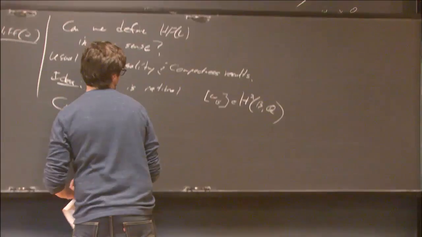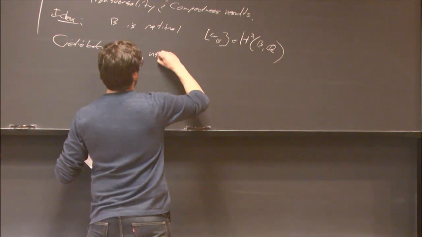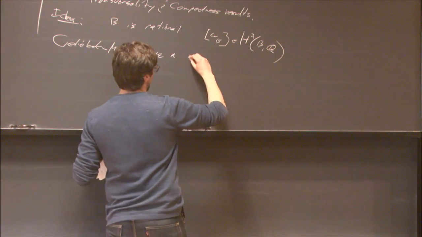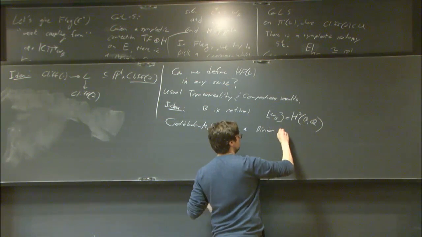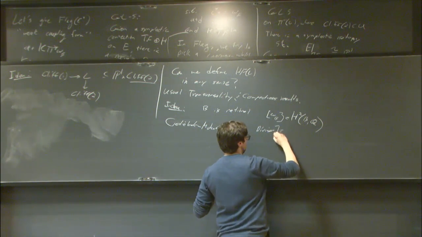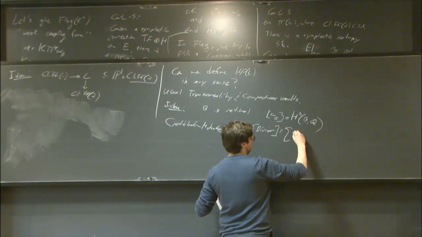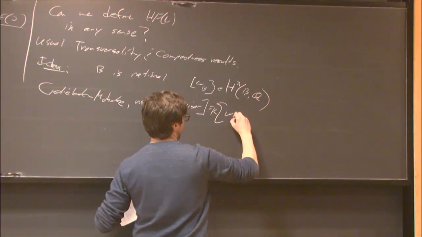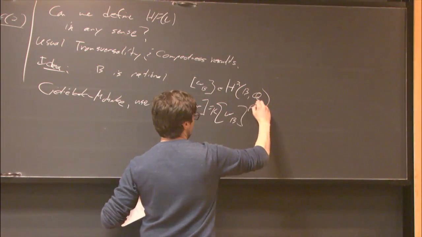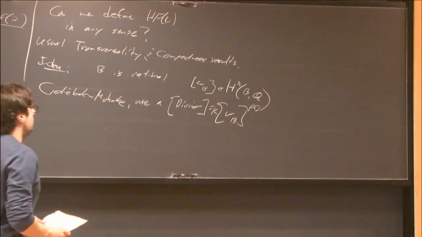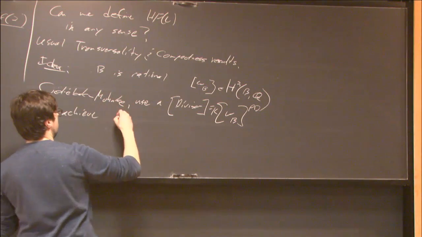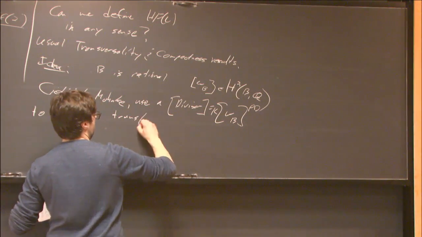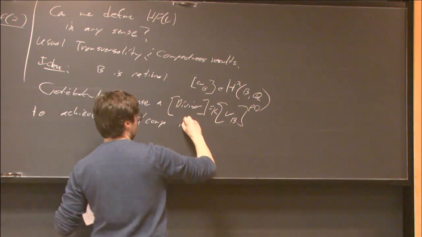So use a divisor such that the homology class is like some large multiple of the Poincaré dual of this, to achieve transversality and compactness in the base.